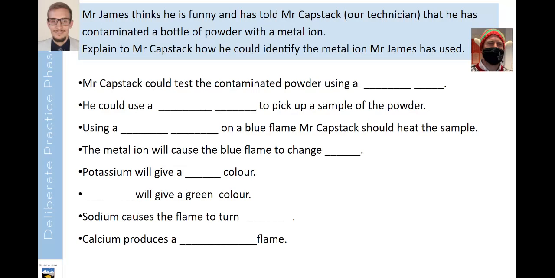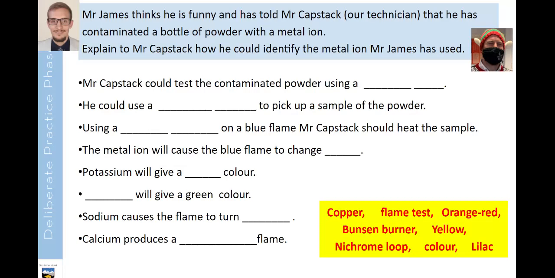So as you can see, Mr. Capstack's all ears, ready to listen to how he could identify the metal ion that Mr. James has contaminated the bottle of powder with. Now, if you're stuck, the keywords are in the yellow box. So those words need to be placed into the sentences. Pause the lesson video, come back once you've completed the task.